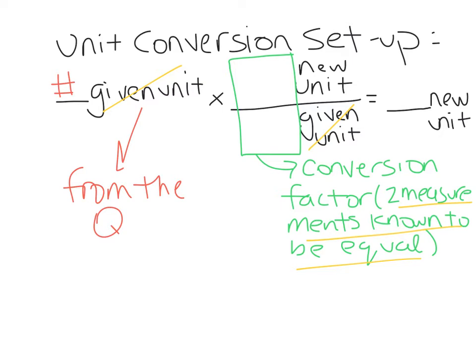The given unit's going to cancel, and you're going to end up with just the new unit in the end. And then you'll obviously have a number to go with your new unit. So this is the generic setup every single time. If you want to write this at the top of your paper: given unit times the conversion factor, new unit over given unit, equals new unit. That might help you out when setting up different problems.